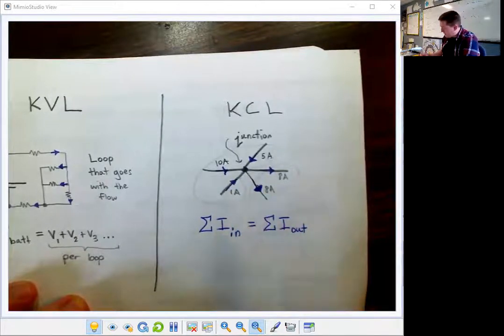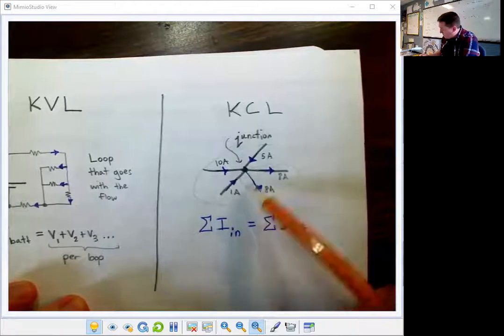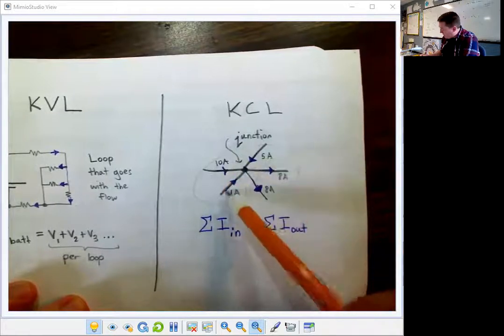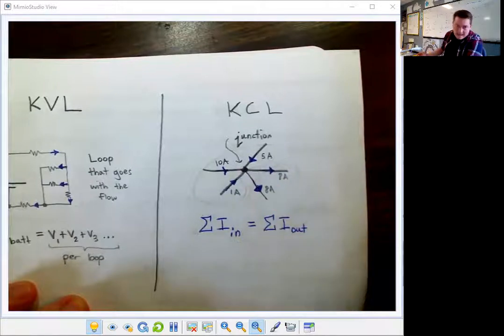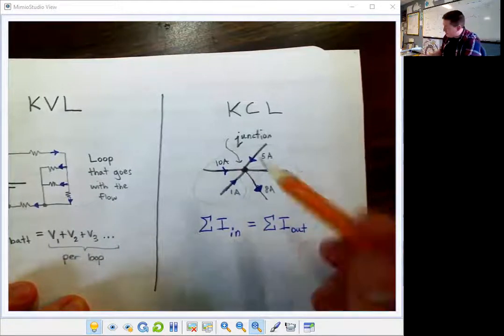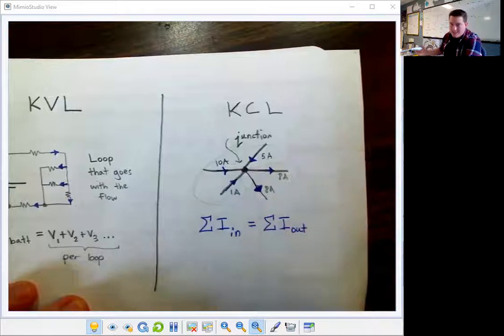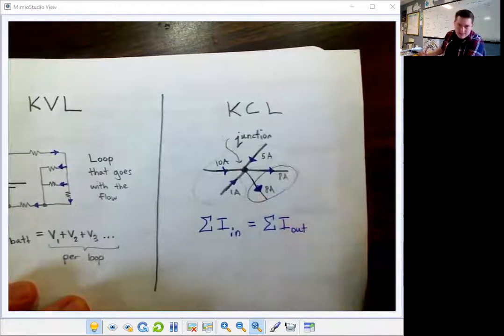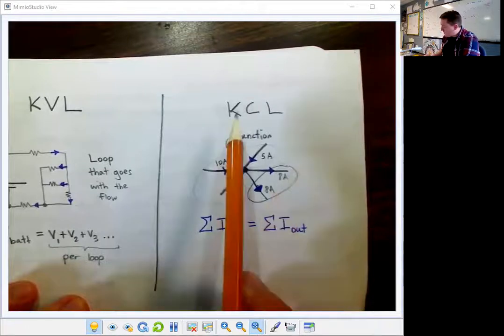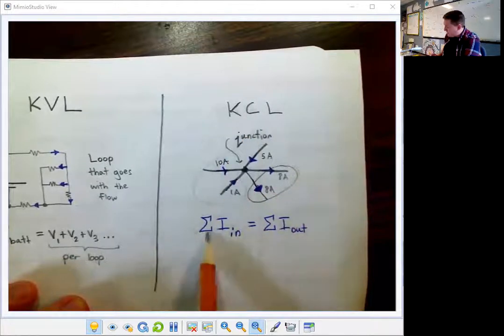In this example, I have 1 amp, 5 amps, and 10 amps going into the junction, so a total of 16 amps going into this point. Current cannot stick around. Current is always flowing. So that means we have 16 total amps leaving the junction. That's just an example. So Kirchhoff's current law says current in must equal the current out. All right, real simple.